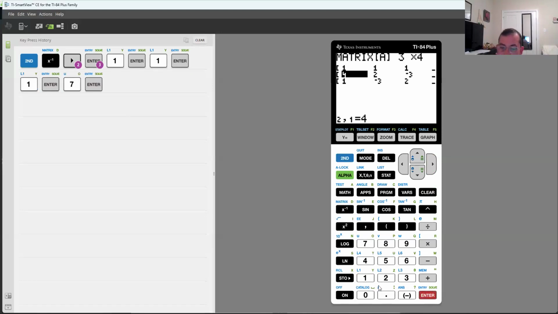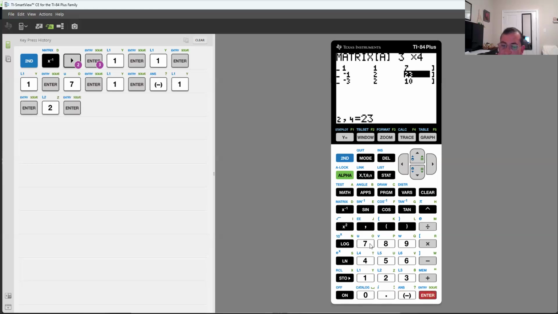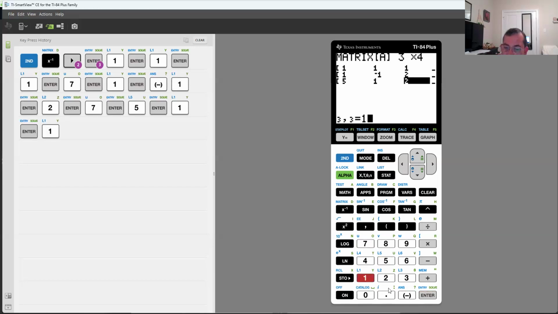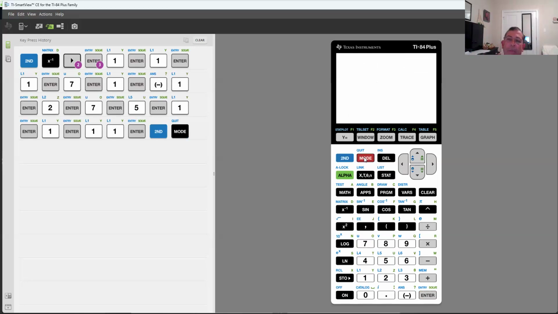Second row, I had a 1, enter, negative 1, enter, 2, enter, 7, enter. And then my third row, I had 5, enter, 1, enter, 1, enter, and then 11, enter. Once you've entered all your numbers in, you're going to quit the screen by hitting second mode.